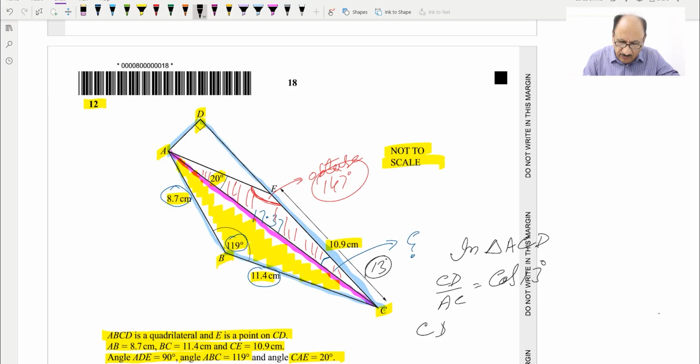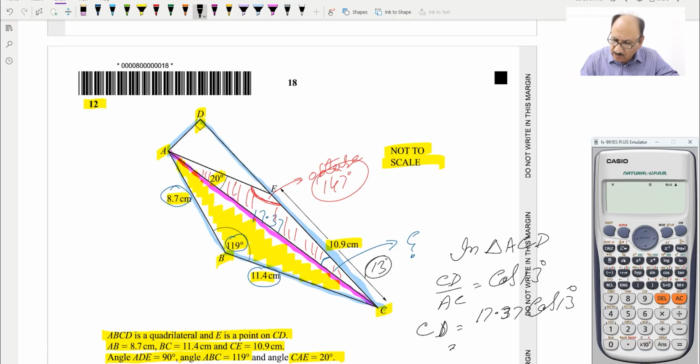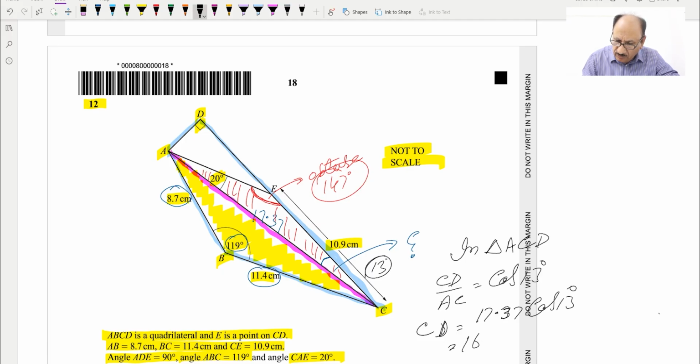So CD will be equal to 17.37 into cos of 13 degrees, and this will be our CD length. 17.37 into cos of 13 degrees is equal to 16.9248.